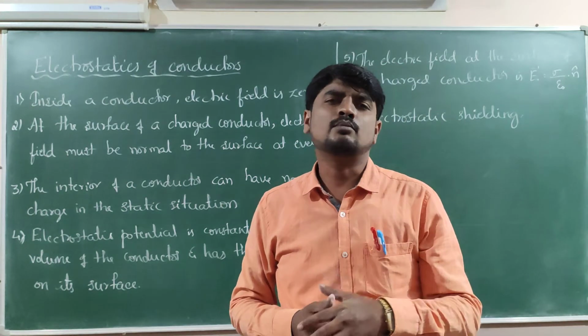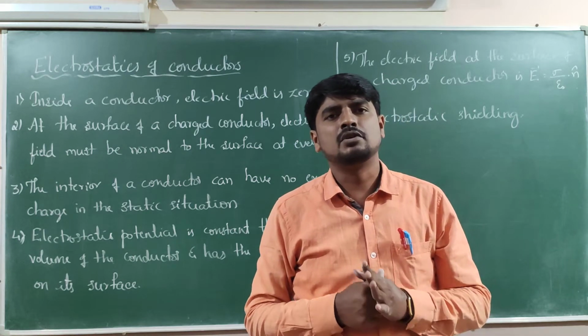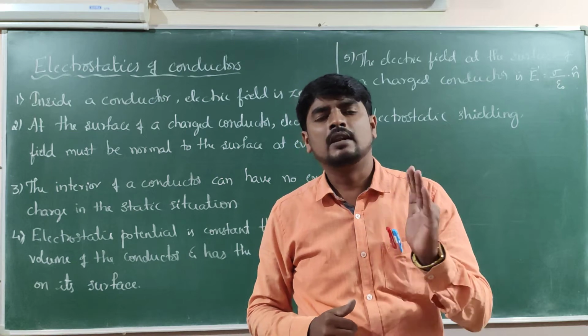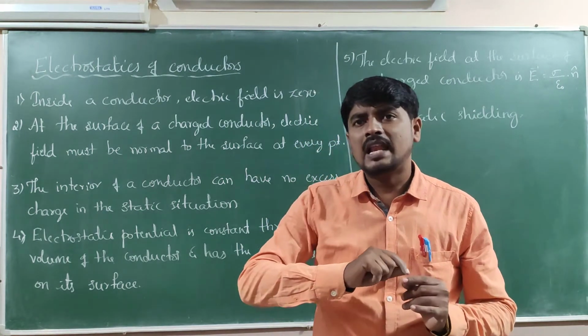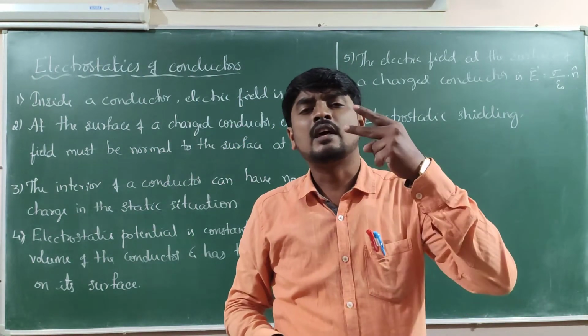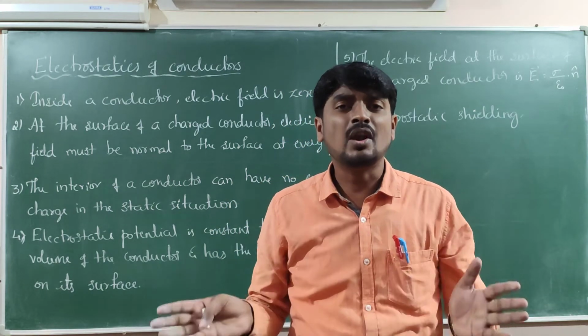Let us discuss some points which we have already discussed while deriving the electrostatic field at a point on the equatorial line of a dipole. Look at this. One electric field is going in one direction, another electric field is going in another direction. That means there are two electric fields in two different directions. Then what we did? We resolved the components.